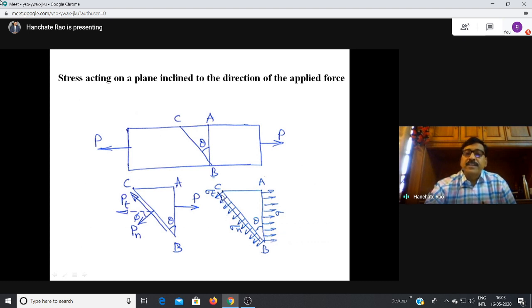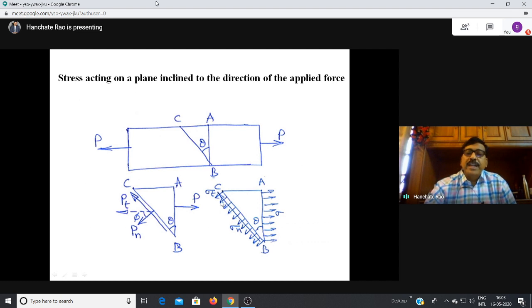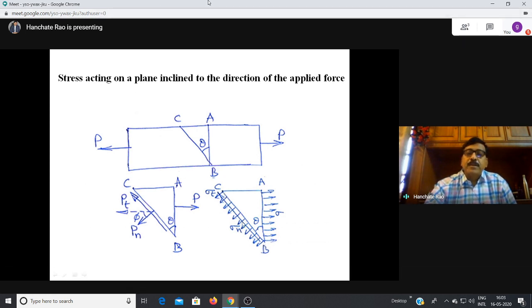If you consider a plane BC at an angle of theta to the vertical plane, we'll have a normal stress perpendicular to BC and a tangential stress along the plane BC. Any inclined plane will have a normal stress perpendicular to the plane and a tangential stress along the plane.